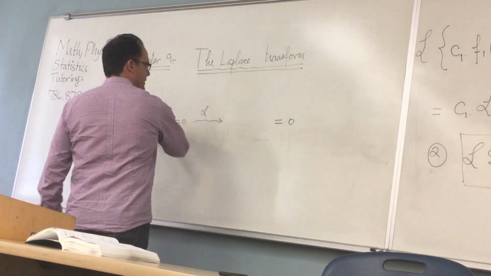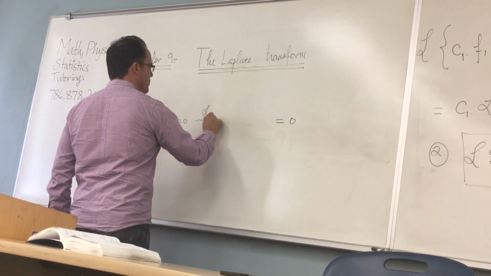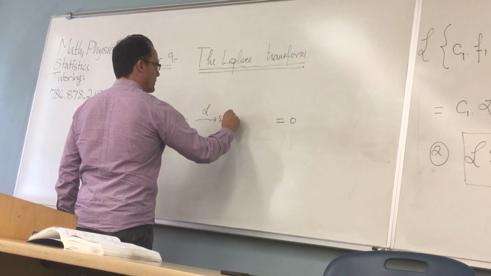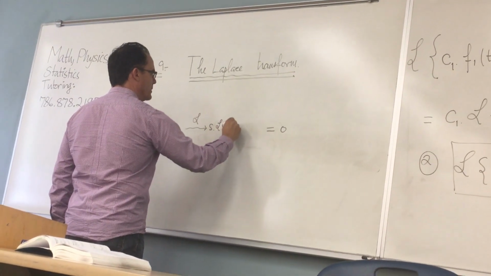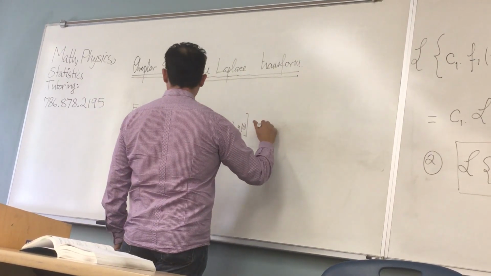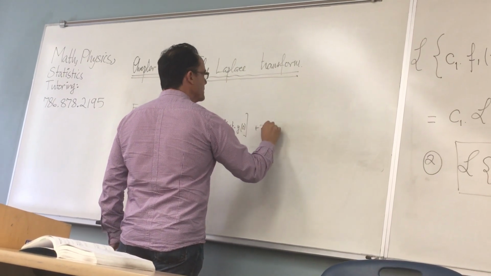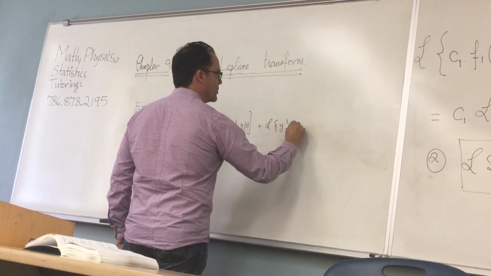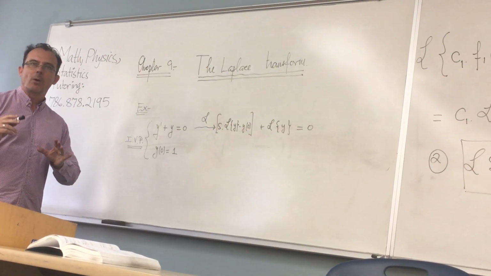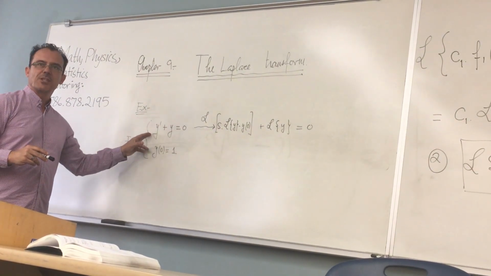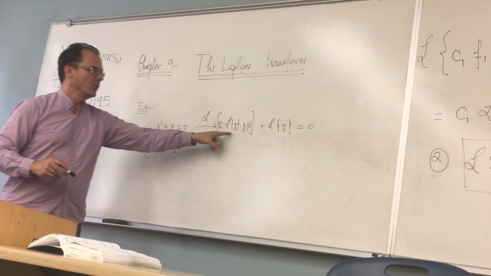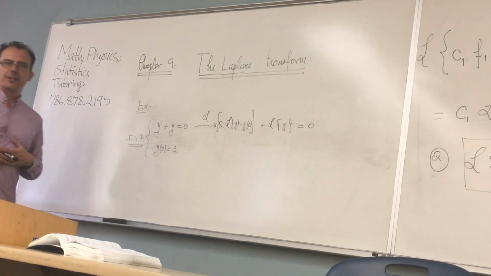On the left, I get the Laplace transform of y prime, which by property 1 is this, plus the Laplace transform of y, and that's equal to 0. So what have I done? Two things in one. I took the Laplace transform on both sides, and used the linear property and property number 2 on the left hand side to get that.